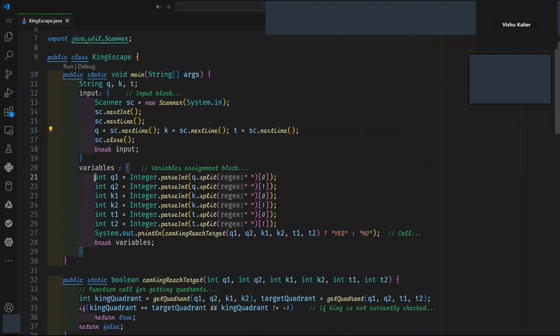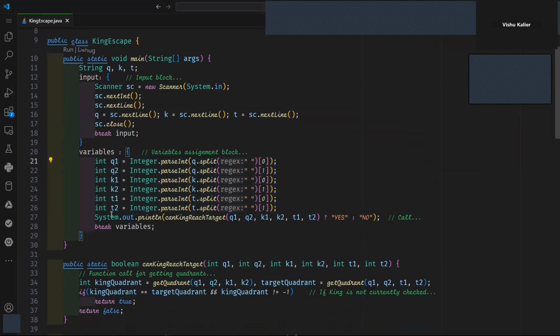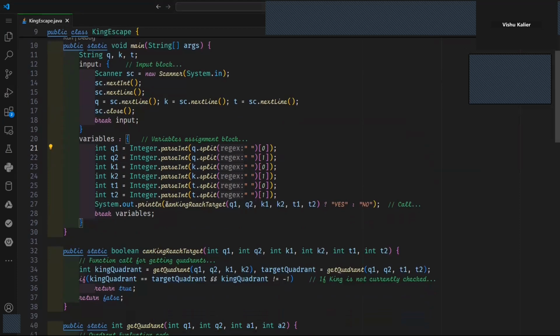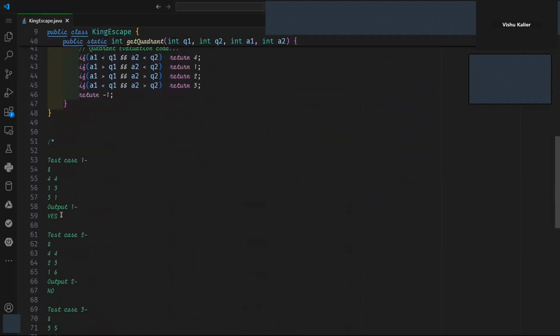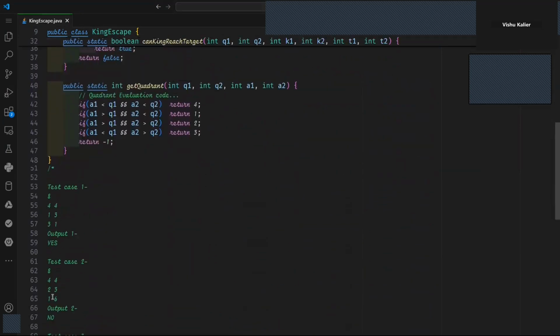And then I'm parsing, or rather converting, string to integer. These are the coordinates: q1 and q2 for queen, k1 and k2 for king, t1 and t2 for target. And then I'm just checking if the king can reach the target, and if it can reach, I'm printing yes, otherwise I'm printing no. That is the output I want, either a yes or a no.